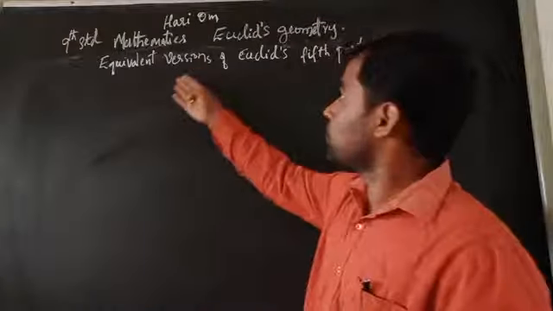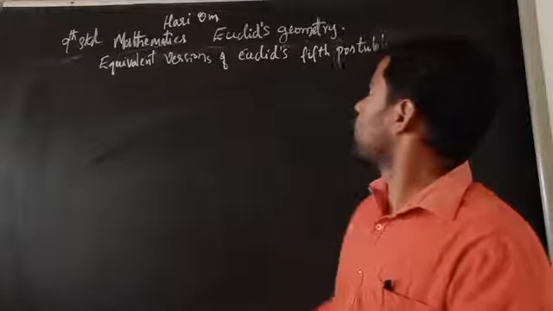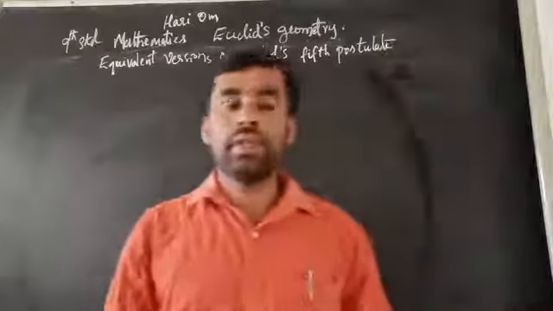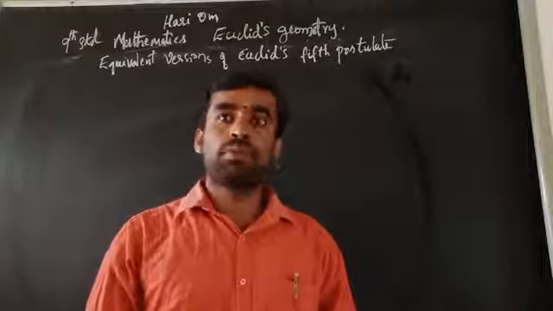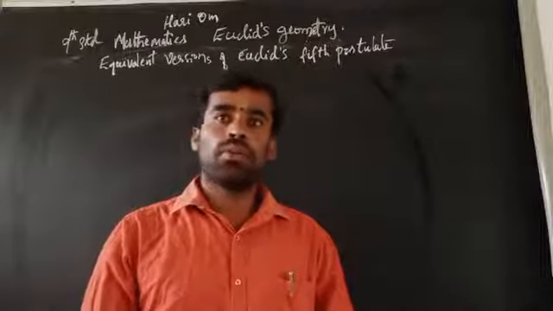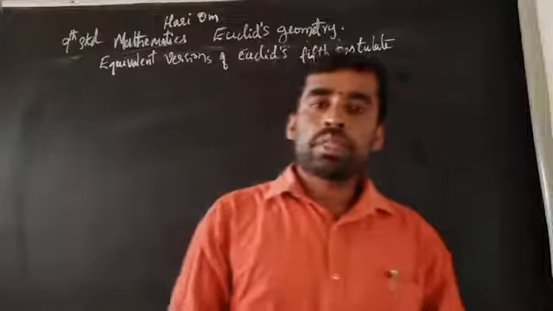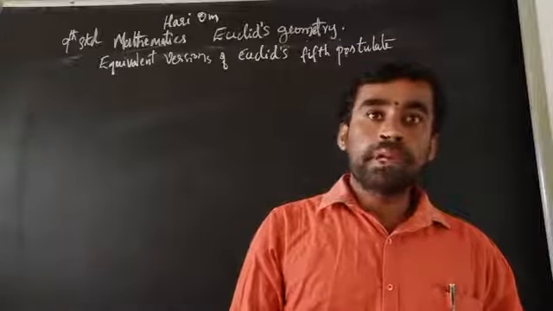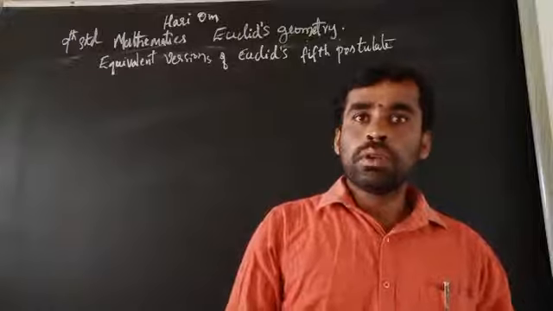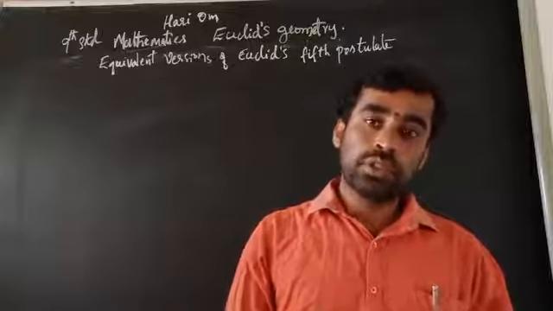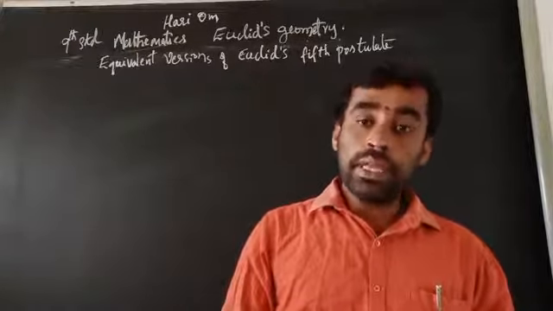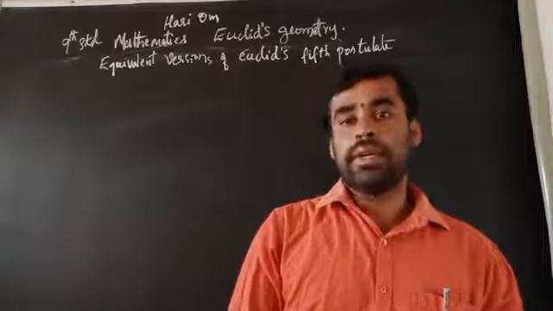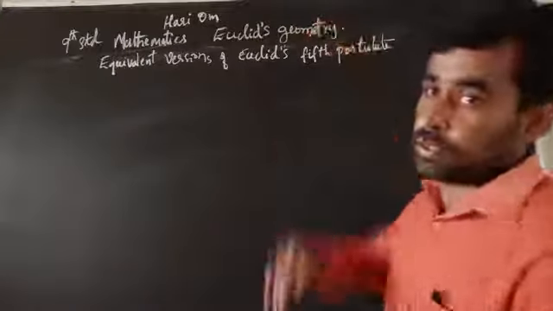Students, now we come to a version of Euclid's fifth postulate. Euclid's fifth postulate is very significant in the history of mathematics. The Scottish mathematician John Playfair, in 1729, gave a statement based on Euclid's fifth postulate.